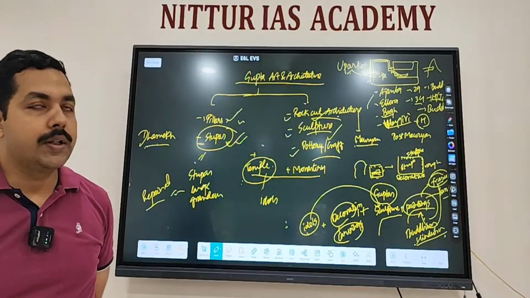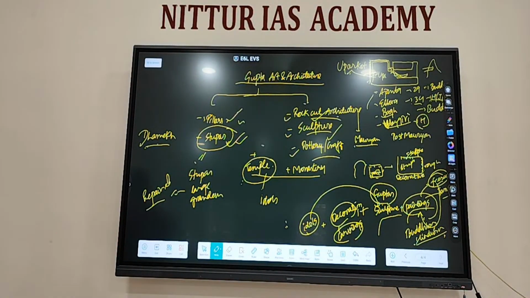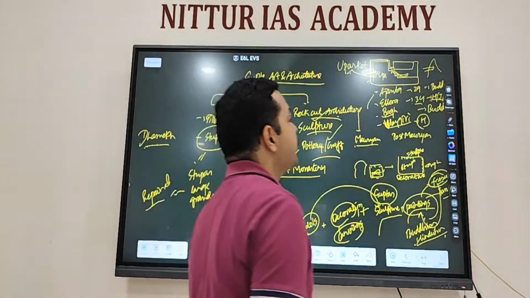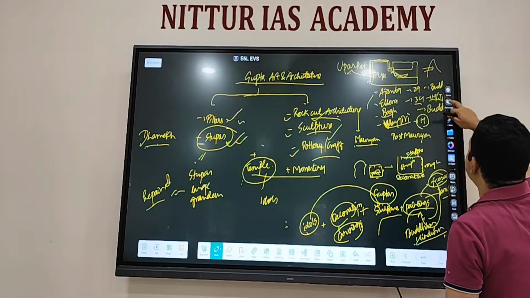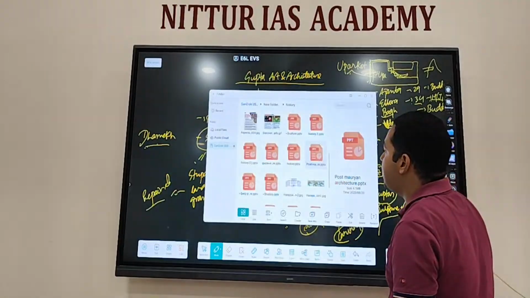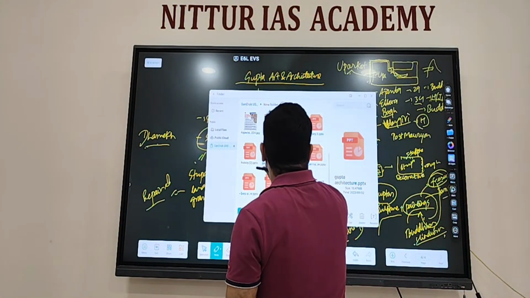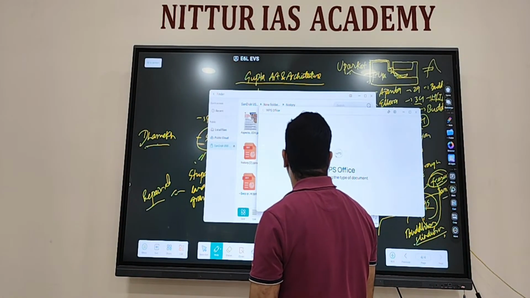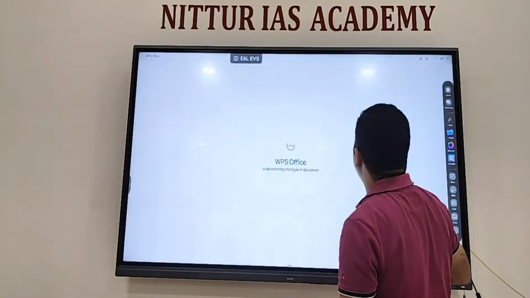Sculptures of the Gupta period. The Guptas continued with Mathura sculptures and regional sculptures.